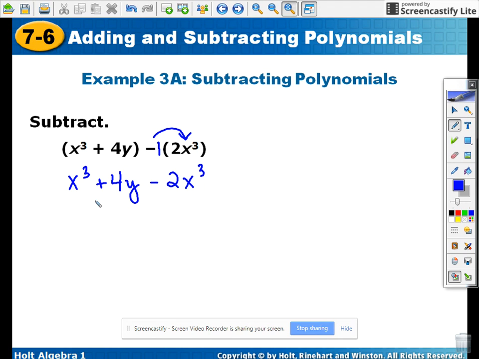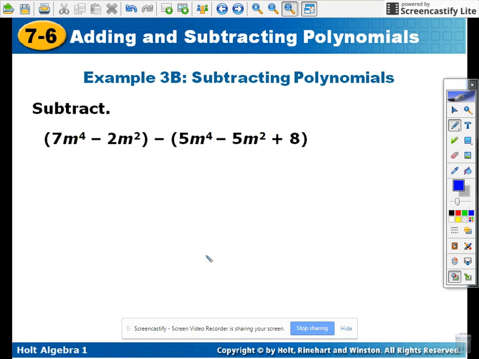Now I'm ready to combine like terms. I have x to the third minus 2x to the third. Remember, that's a 1, so 1 take away 2 is a negative 1x to the third, and the plus 4y comes down. So subtracting is just like adding, you just have to distribute the negative 1 first.